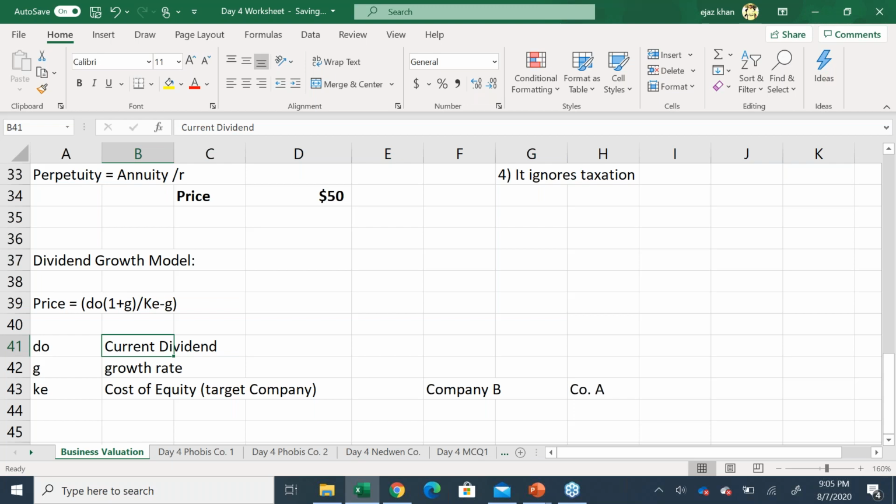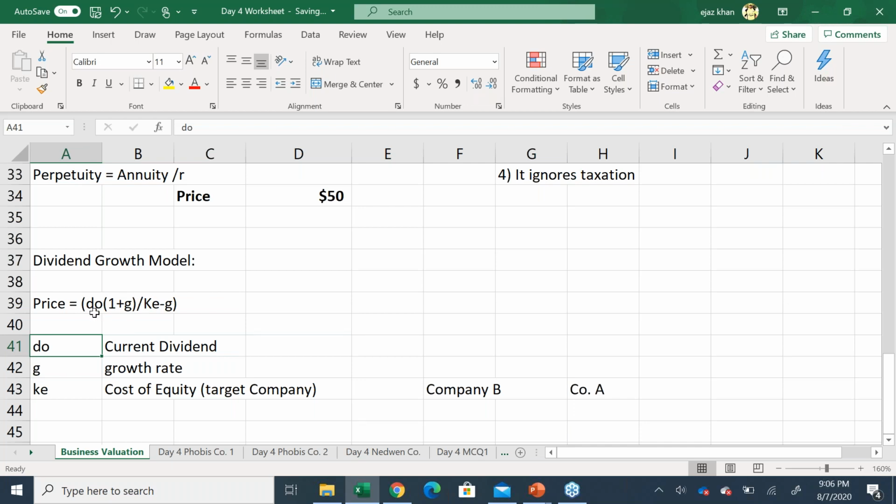The current dividend will be paid to someone who held the share for the last 1 year. That's why we have 1 plus G in the numerator. When we multiply it with 1 plus G, it becomes next year's dividend. We should always use next year's dividend in the numerator.